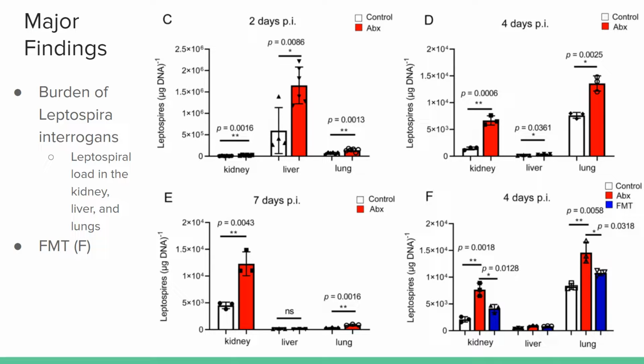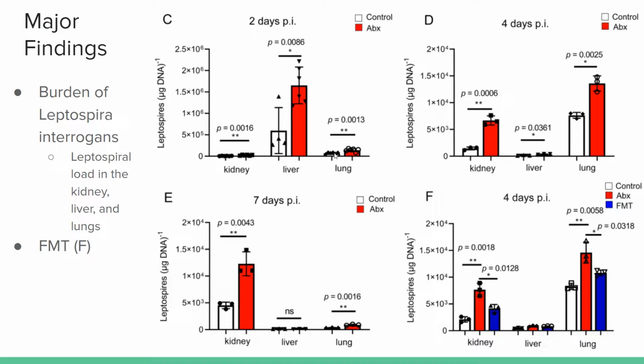So this is with the control group and the infected without transplant. So 2 days post-infection or post-injection, the infected group had a significantly greater leptospiral load in the liver compared to the control group. This is also shown in the lungs.